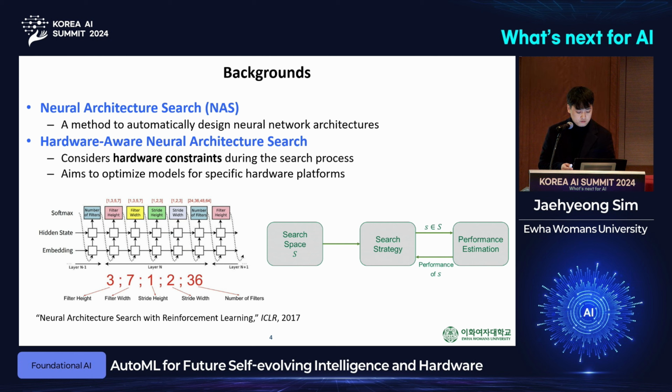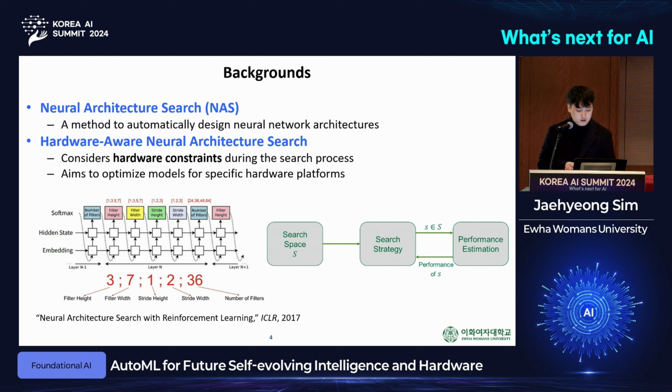They used reinforcement learning to train an RNN, and this recurrent neural network generates outputs for neural network architecture parameters like filter height, filter width, stride height, stride width, and number of filters. And then we had many follow-up researches in neural architecture search.